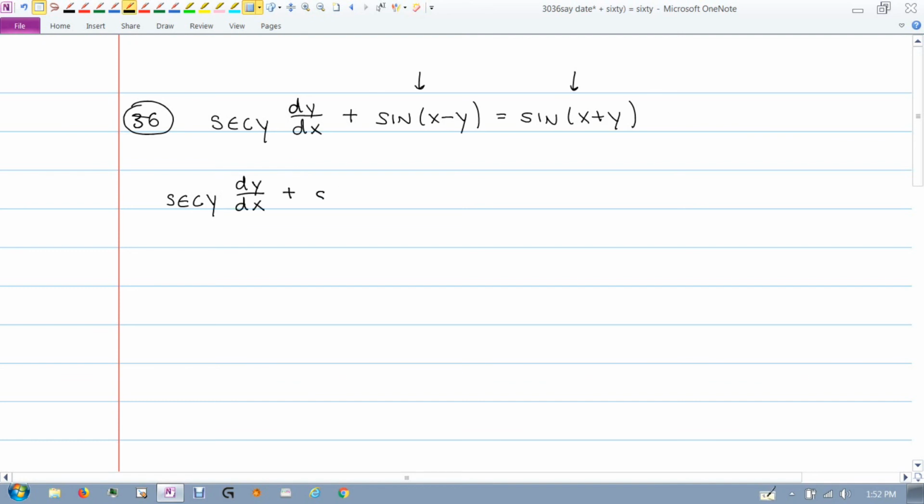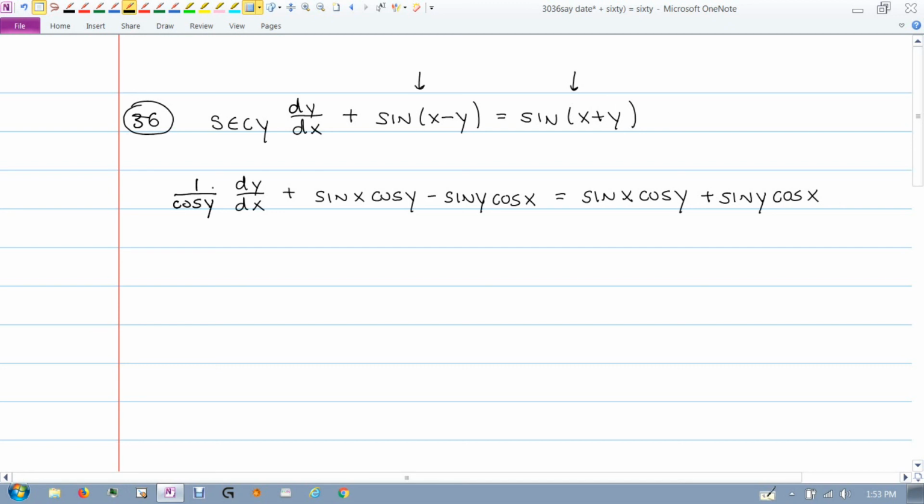Plus, this turns out to be sine x cosine y minus sine y cosine x, and then equals, this one is sine x cosine y plus sine y cosine x. So again, that's the sum and difference formulas for sine. Now over here, let's rewrite secant as 1 over cosine y. I might have to change that back later, but let's just do that.